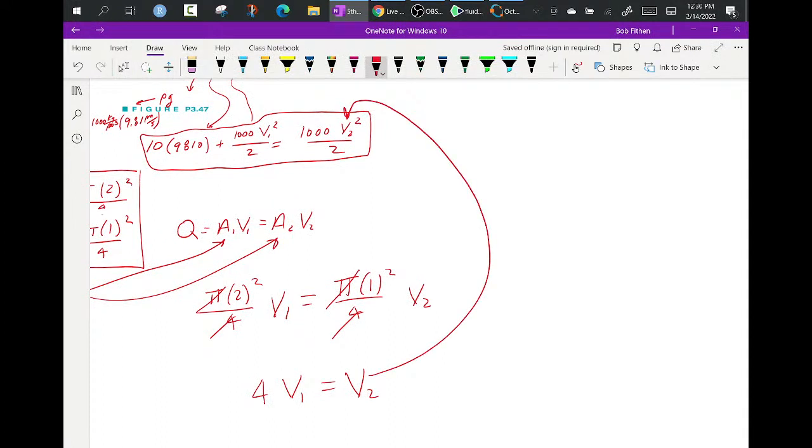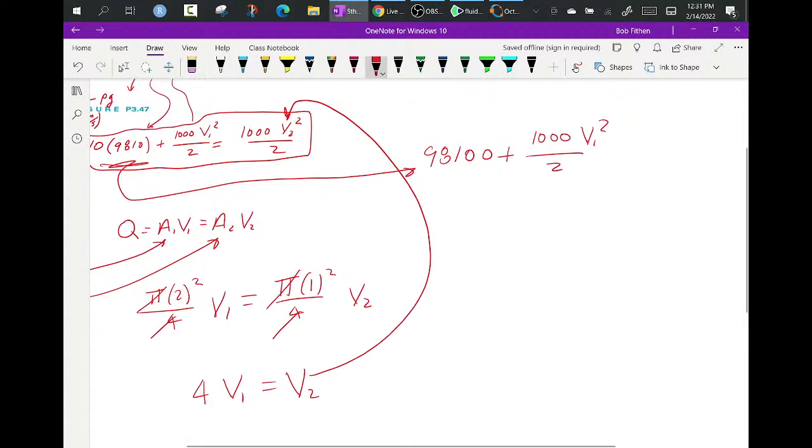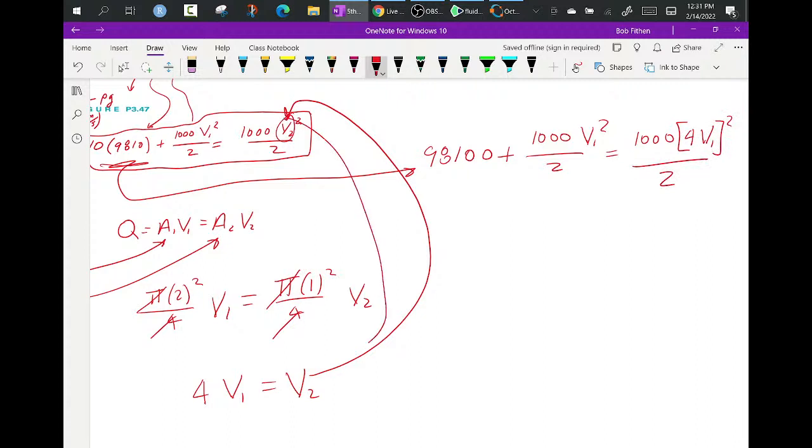Guess what you do? You take that, put it in there, and then you get 9,810 with another 0 right here, plus 1,000 V1 squared over 2 is equal to 1,000, how about that, 4 V1 squared over 2. Why? Because I took the V2 from here, stuck it in there.